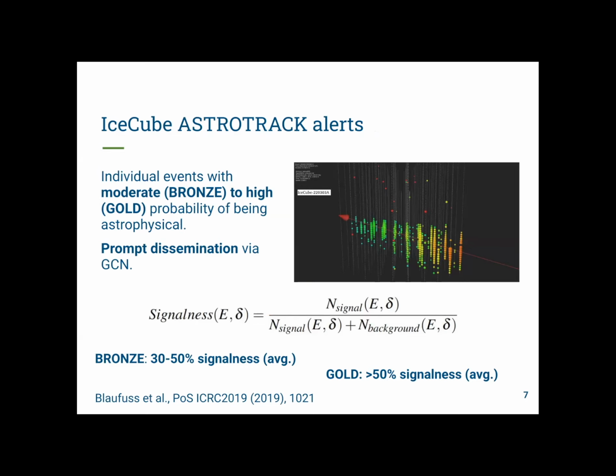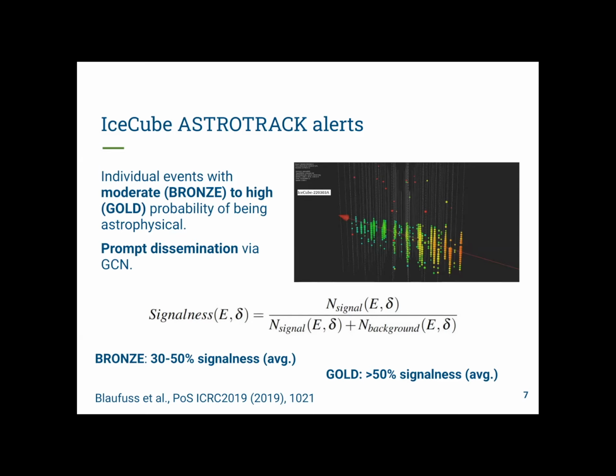So this is more or less how it looks in our detector, neutrinos at astrophysical energies. Most of the time you are above 100 TeV. And these alerts are divided into two categories depending on their signalness, which is the probability for that individual event of being a signal rather than background.